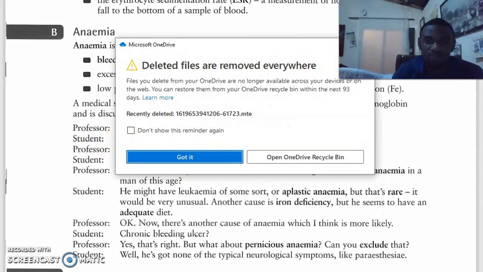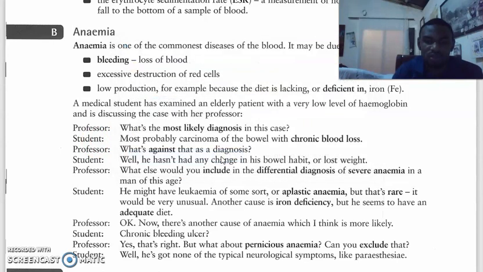What's the most likely diagnosis in this case? Most probably carcinoma of the bowel with chronic blood loss. I'd be against that diagnosis.